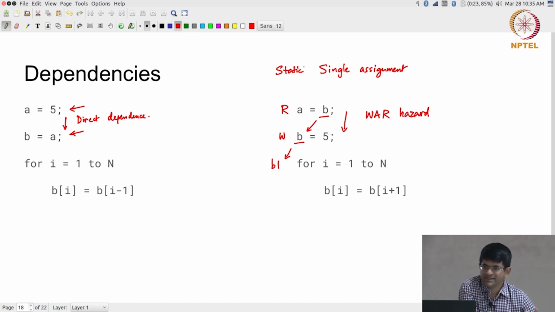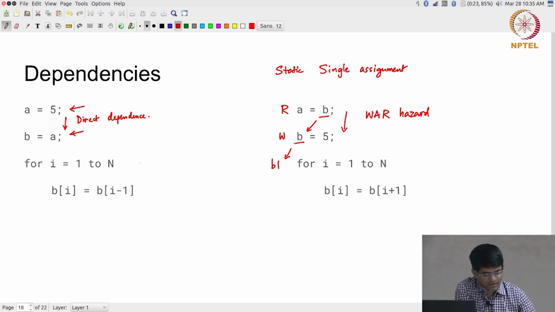The moment that you have static single assignment, all these kind of write after read hazards are gone. You do not have a problem that I might read the wrong value because I am updating it. I cannot update a variable. Okay. So long and short of it is, both of these are dependencies as far as the program is concerned, the way that you have written the code. You cannot switch the order of the instructions around, but the one on the right can be fixed by changing the way that the program is written.